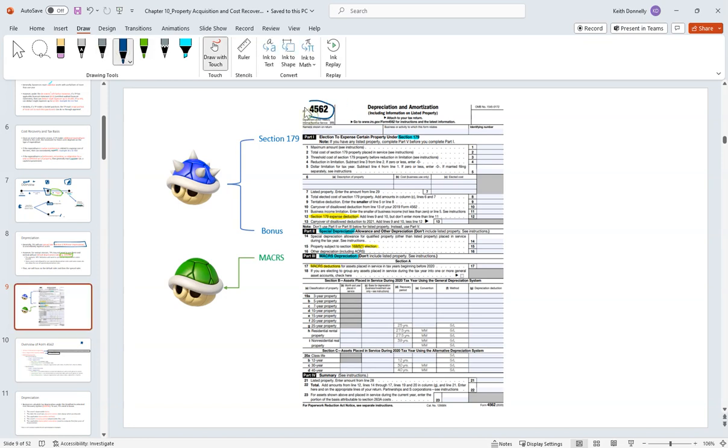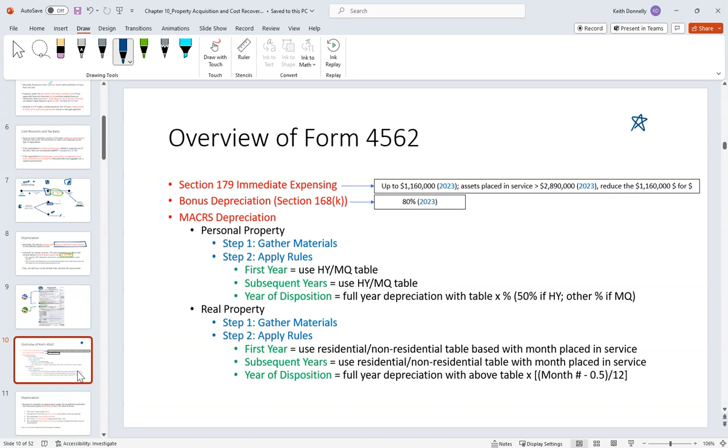So here's the tax form, 4562. 179 and bonus, that's like your blue shell if you play Mario Kart. Most of the time, you're going to be able to immediately expense all or a significant portion of the assets you buy, the big hole in the Swiss cheese. The leftovers, you hit with the green shell, the MACRS depreciation. Now, this is sort of an academic view of that 4562.